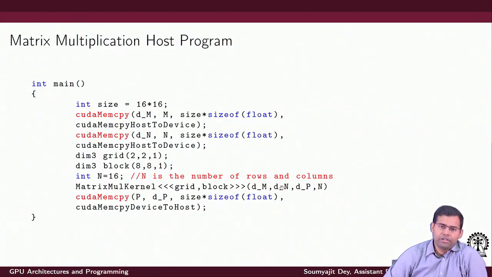Once this kernel executes, I expect the result to be available in another part of the GPU device memory, that is Pd, and I will use the CUDA memcopy command again to copy back from device to host, from the location Pd to the original target product location P in the CPU's corresponding DRAM.